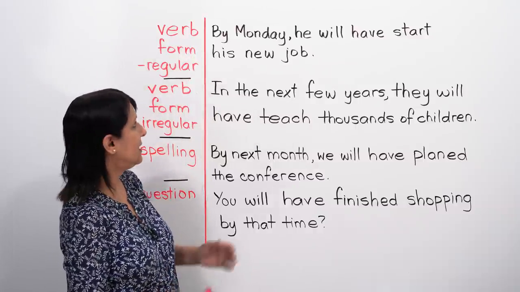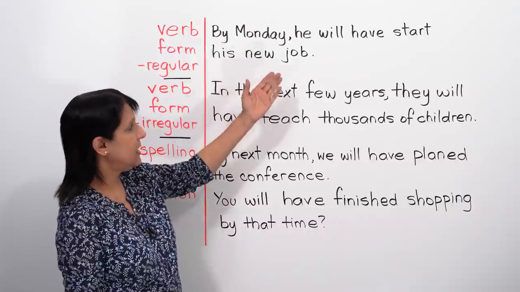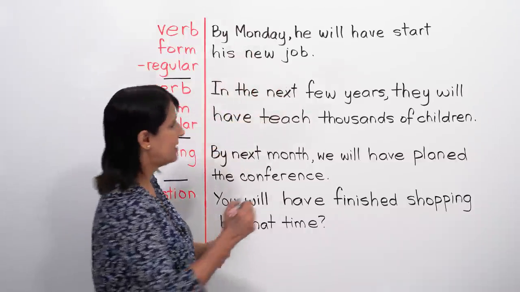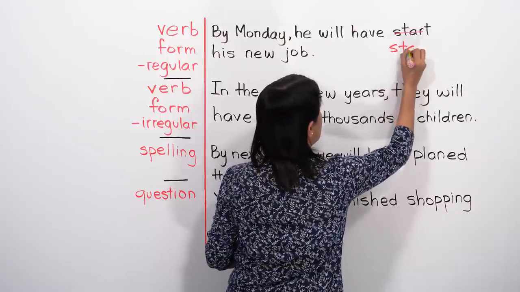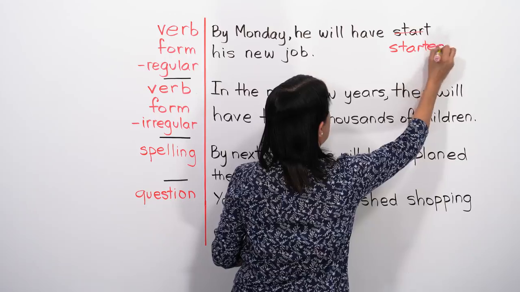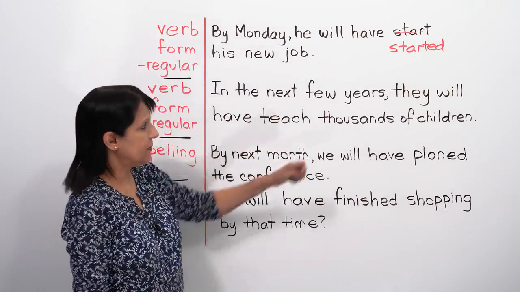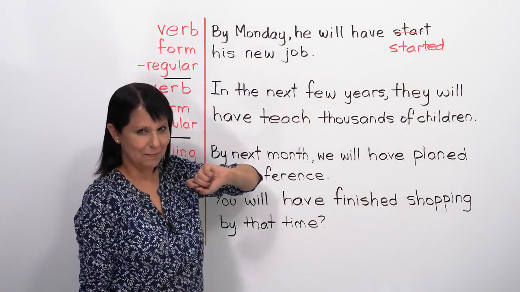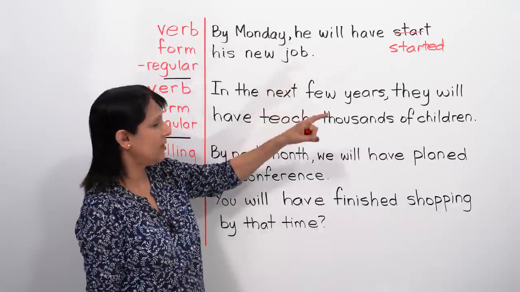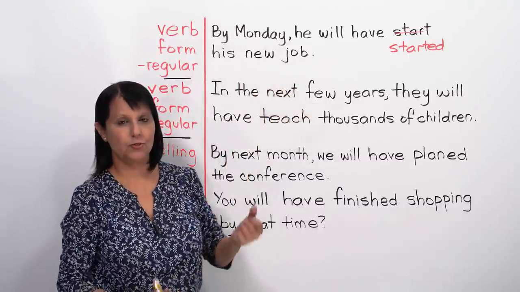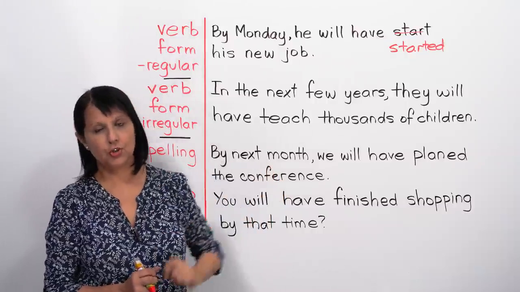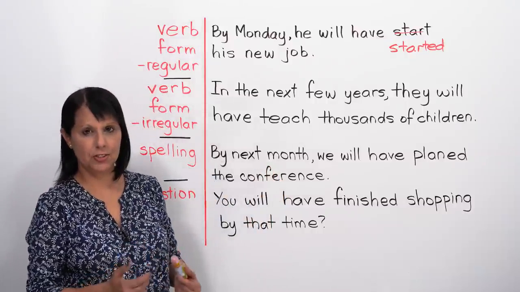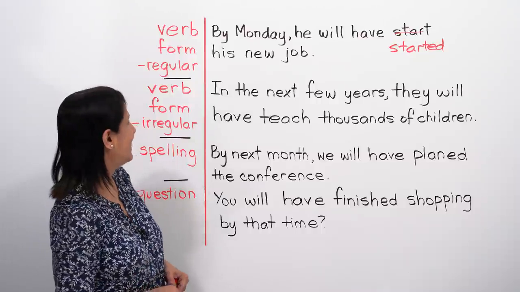What should it be? By Monday, he will have, not start, but started, right? We have to change it to that form. He will have started his new job. So sometimes that regular verb isn't changed properly. So make sure that when you're writing it and using it, you do change it.